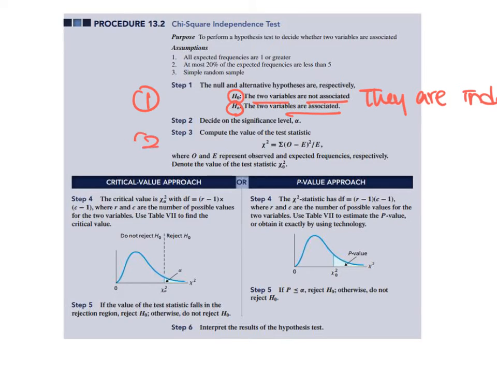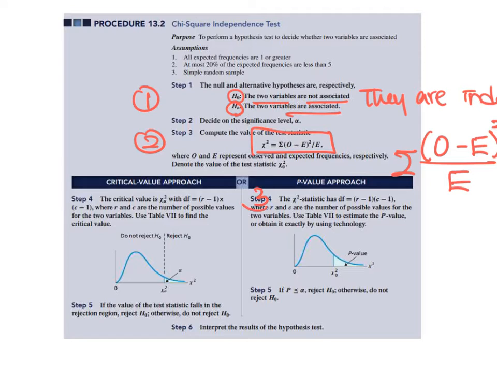And the second step, the test statistic, looks the same as the test statistic in the goodness of fit. We take the observed one minus the expected one, square the difference over the expected one for each case, and take the summation. That will be the test statistic, the chi-square.